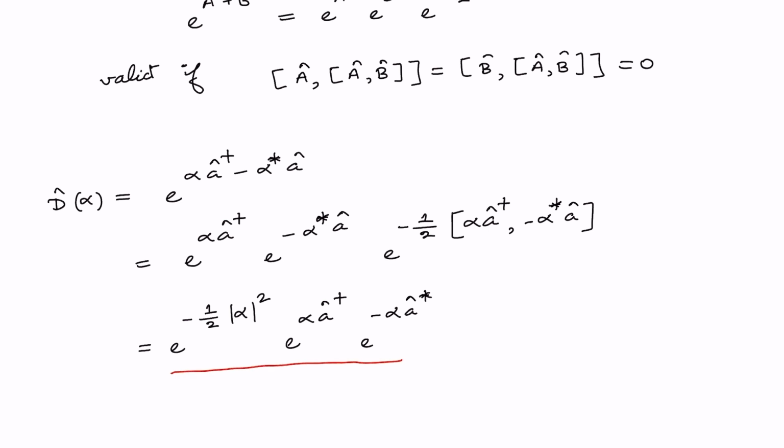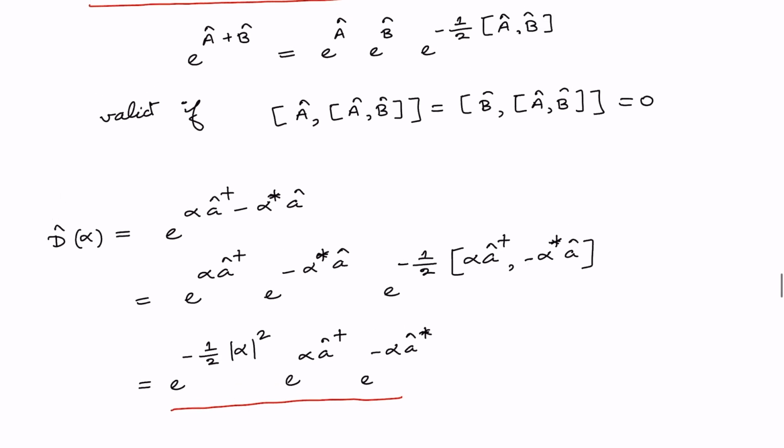It's very easy to see that this particular commutation relation is satisfied if I take my A as alpha a dagger and B as minus alpha star a.